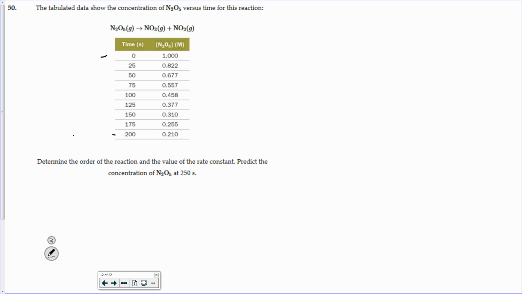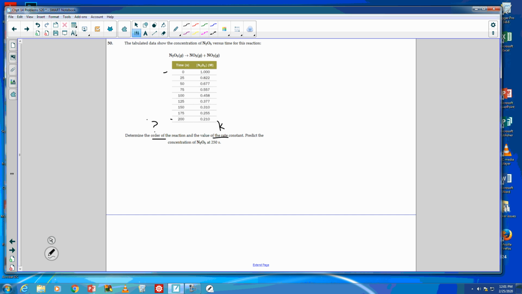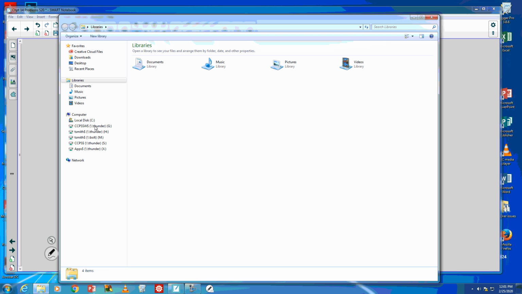And then I also want to know the value of K. So the way that we determine the order for the reaction when we've got time data is we need to graph it. Okay, so we have to look at it graphically to answer this. So I went in and took those values and put them into Excel.